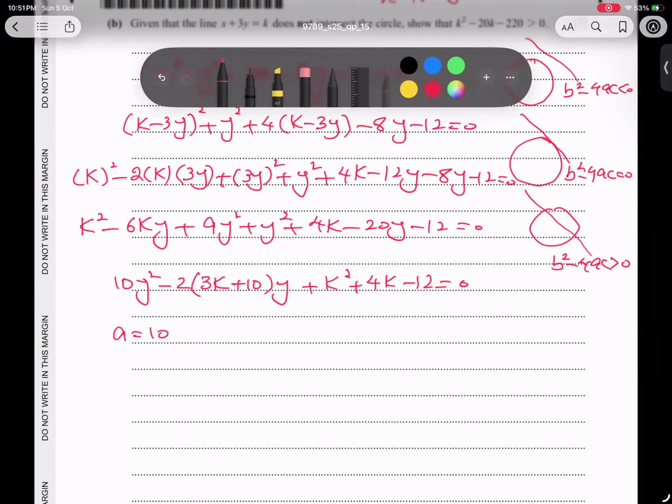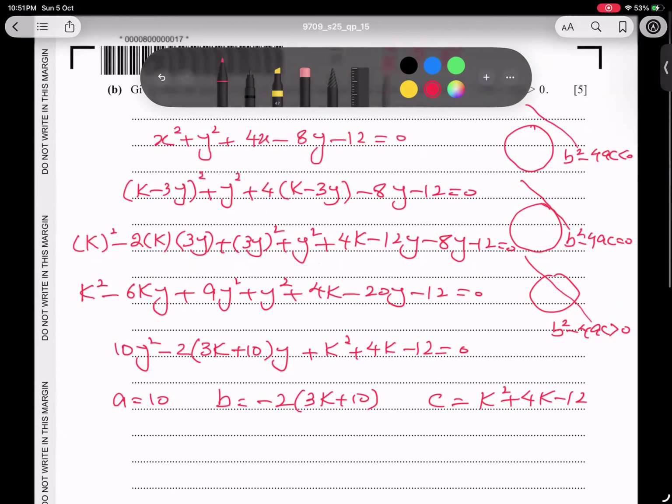It is negative 2 times (3k plus 10). And what is the c value? k squared plus 4k minus 12. Let me recheck. Is it all correct? Yes, clear.